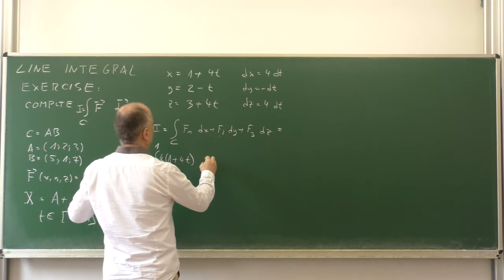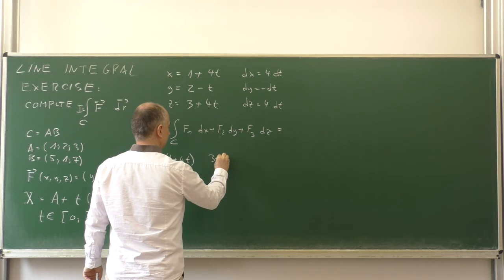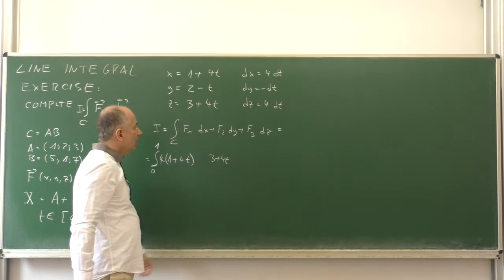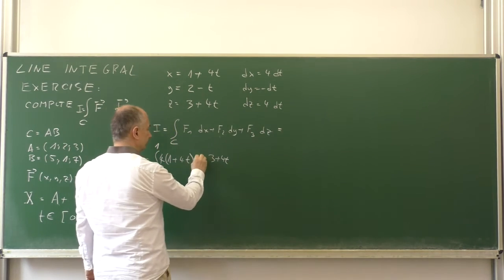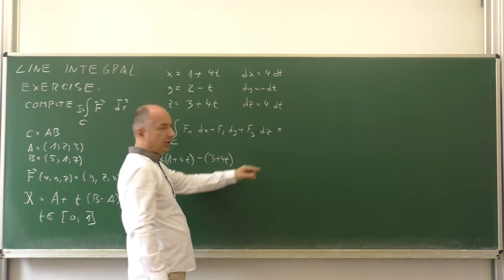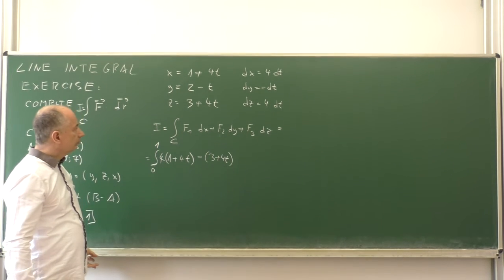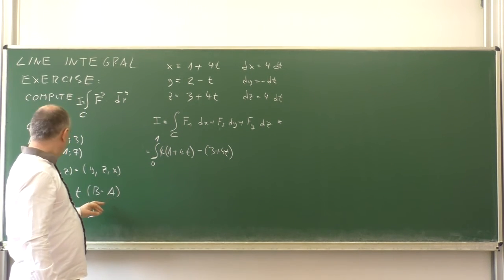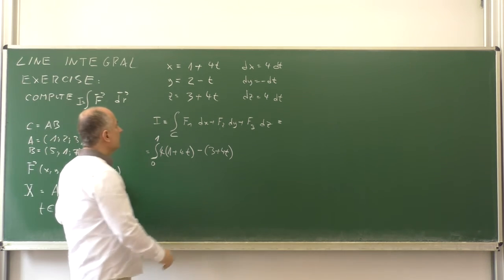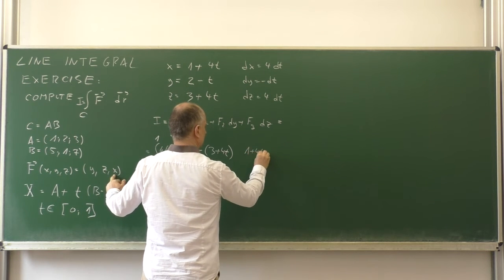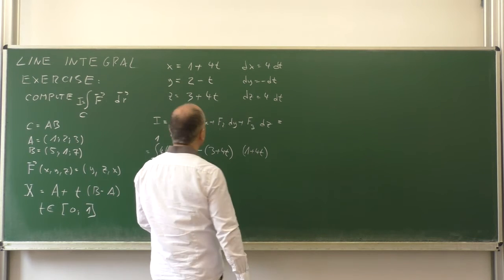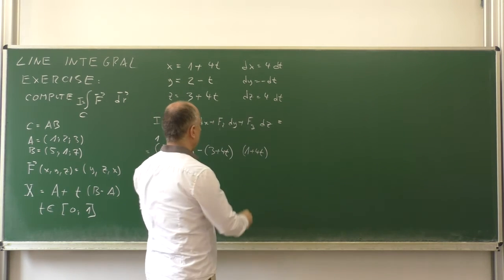Z is 3 plus 4t, times dy, which is minus dt, and we write dt at the very end. Plus f3, which is x. X is 1 plus 4t, times dz, which is 4 dt.